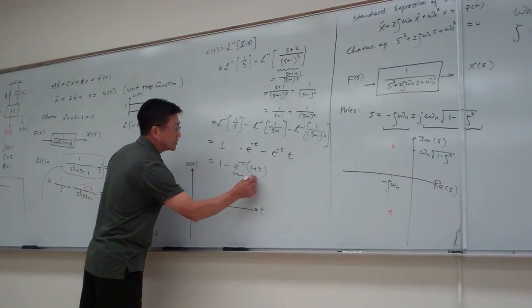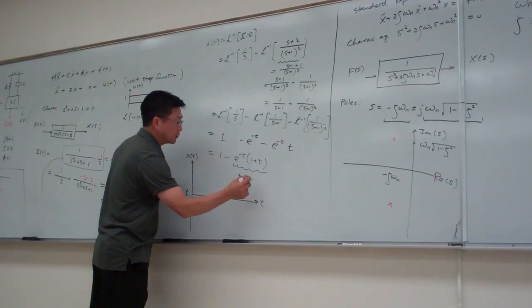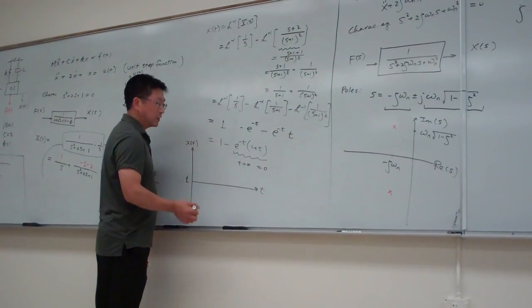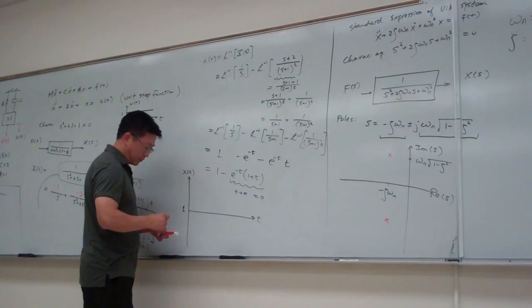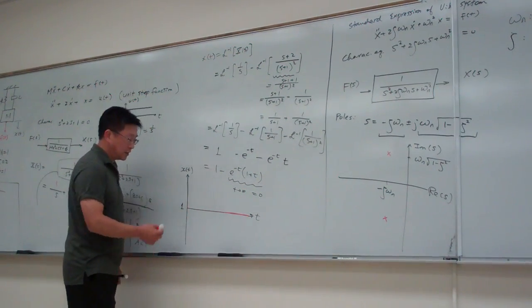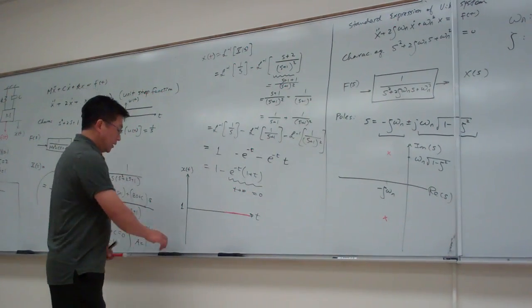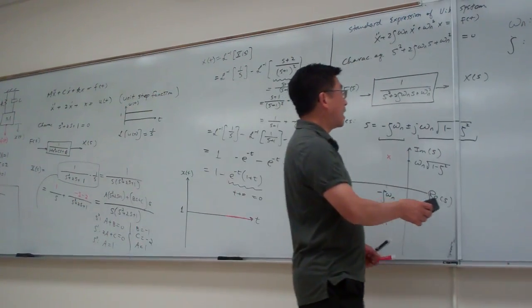Eventually this term will be decaying to 0, right? This term when t approaches infinity is going to be 0. So eventually the whole system will be converging to the value of 1. Then we go back to here for the complex domain.